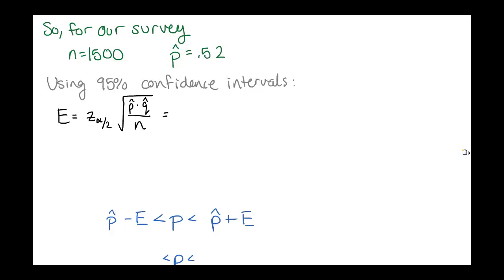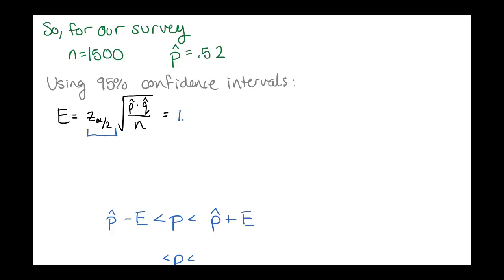So coming back to our original survey, we had this value of n equals 1500. Our sample proportion was 0.52. So if we want to use 95% confidence intervals, again, we look up our critical value, which we were just looking at.